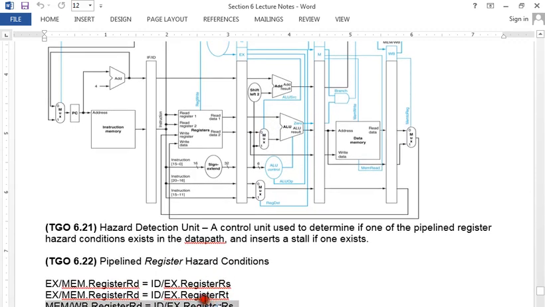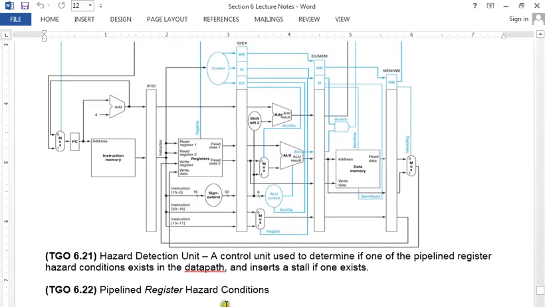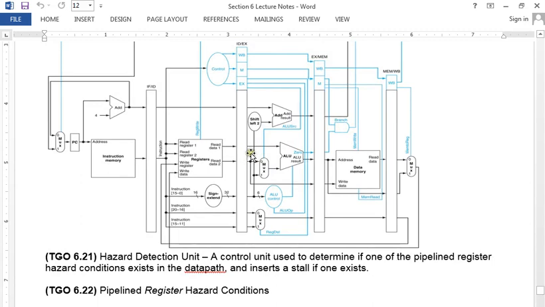So the reason why all these four on the right are the same is because the hazard exists if the values coming from the registers aren't the most recent copy, which means we have a more recent copy either at the execute/memory buffer or the mem/writeback buffer that's coming out of the ALU.